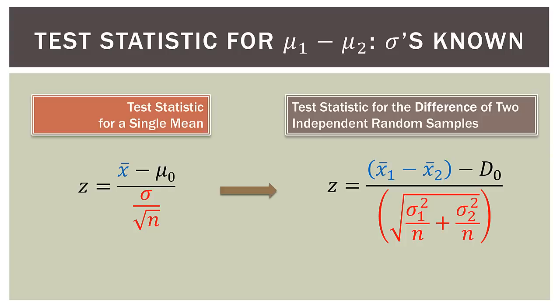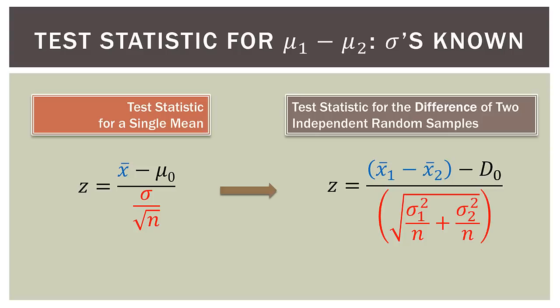Now in the two sample case or the two population case, look over here on the right. It looks pretty similar. We have z equals, and at the top in the blue, the difference between two sample means. Over here on the left, it was our single sample mean. Over here on the right is the difference between our two sample means.